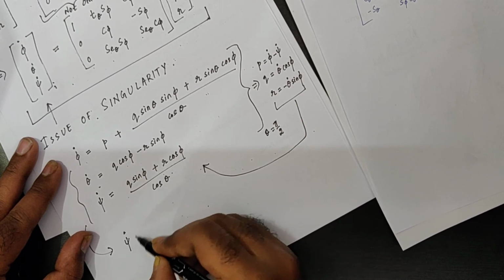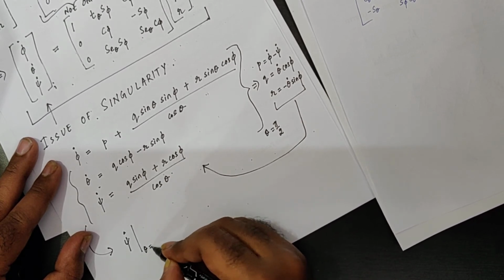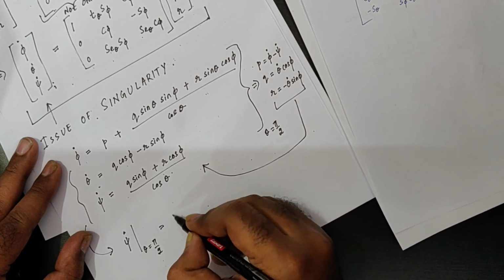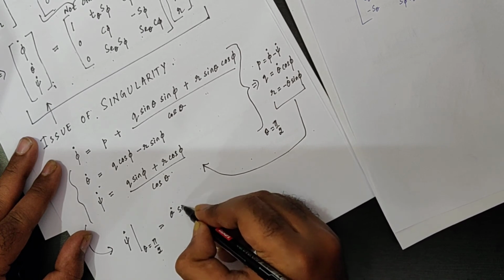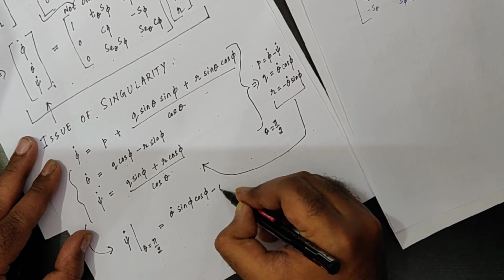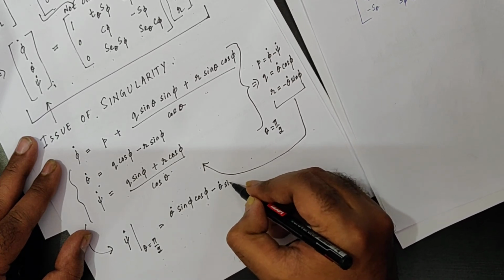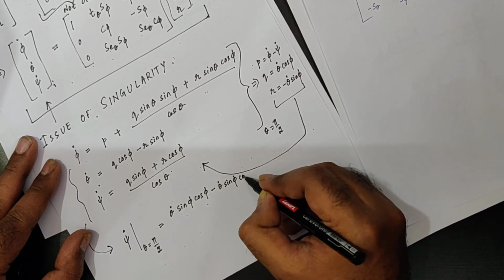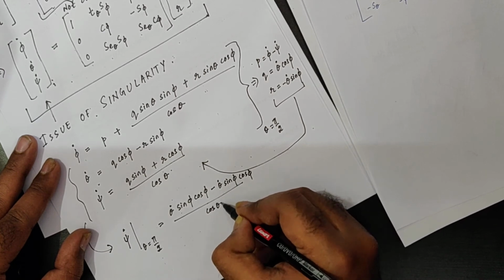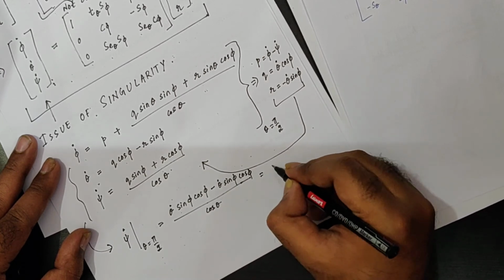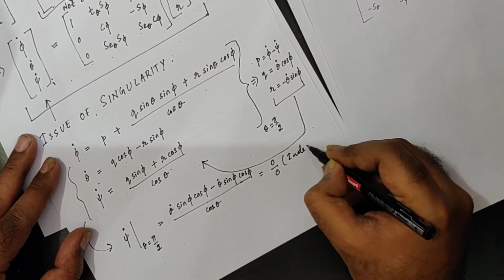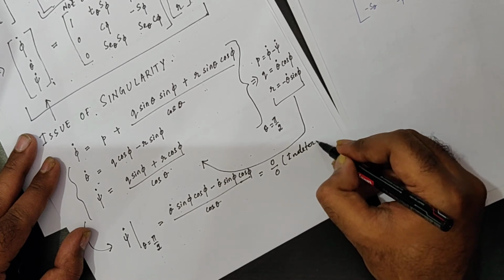So psi dot at theta equals pi by 2 becomes theta dot sin phi cos phi minus theta dot sin phi cos phi, divided by cos theta, which is 0 by 0 form, or what is called indeterminate form.